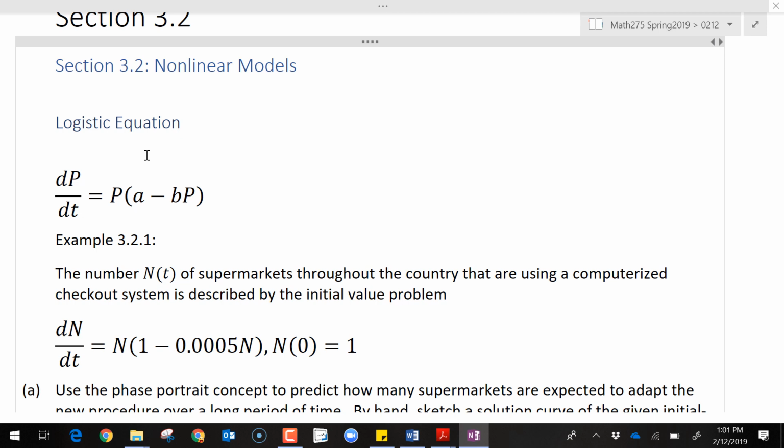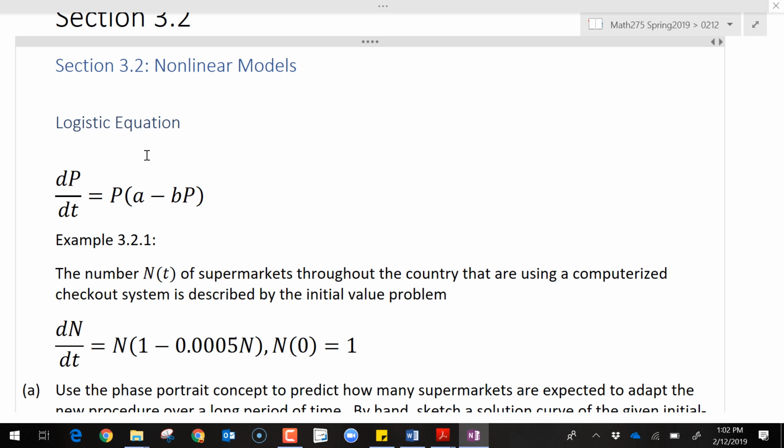Population on Earth. Earth is only so big, right? It seems like you keep growing and growing, but Earth has a finite amount of space, and eventually it'll reach a limit. So a logistic equation will allow you to have a limit for your exponential growth.